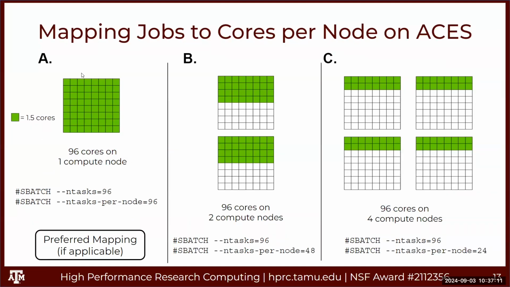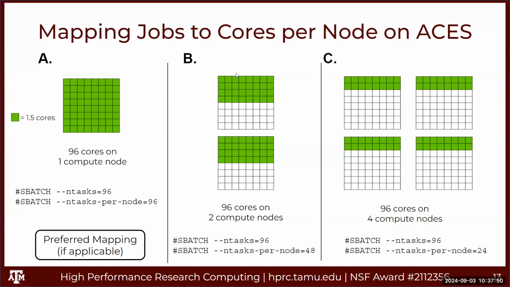These are the visual presentation of how jobs are mapped to cores. Right here, each green square represents 1.5 cores. And on our ACES cluster, we have a total of 96 cores, aka tasks. And here, if we're using one node, we will be mapping all 96 tasks or cores onto that node.